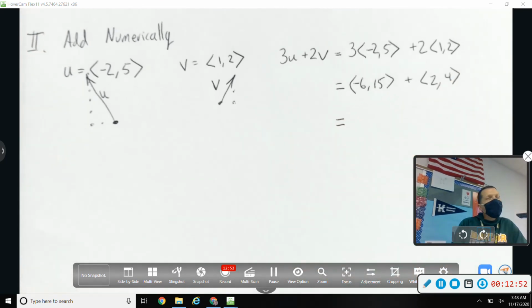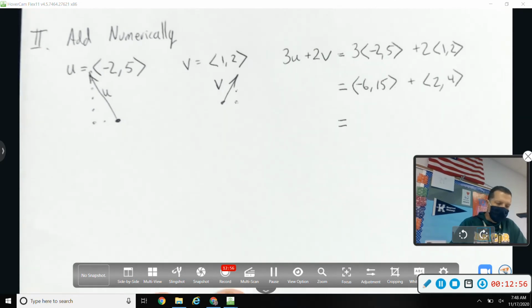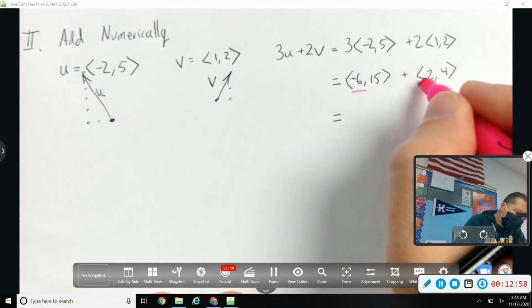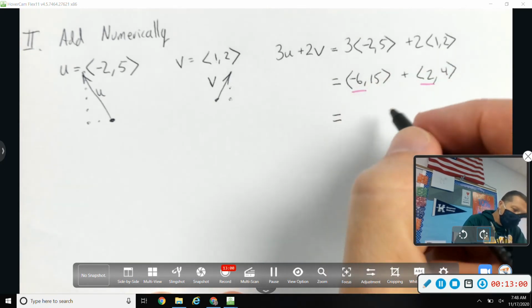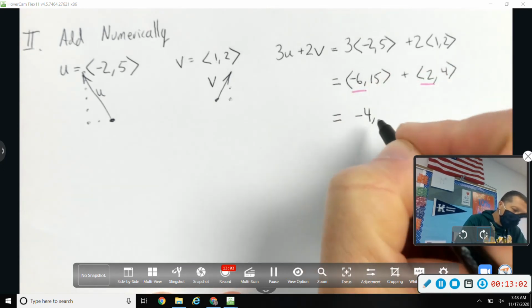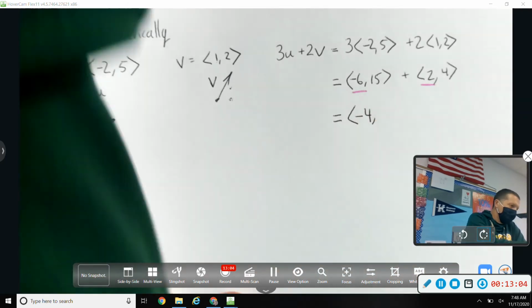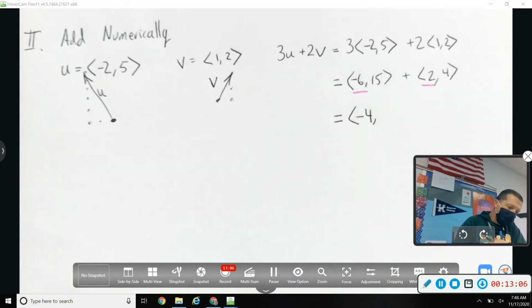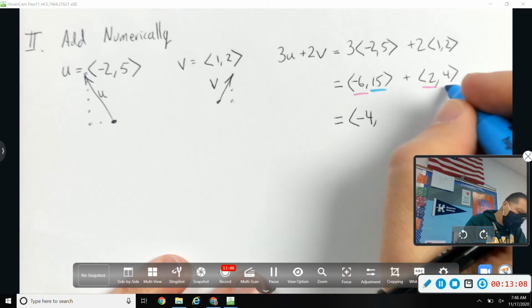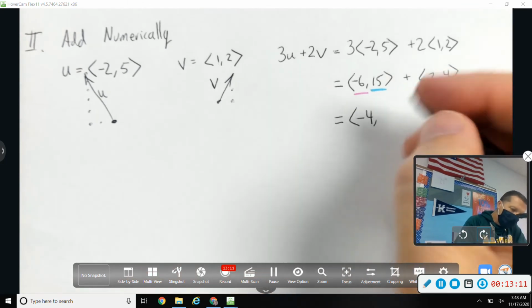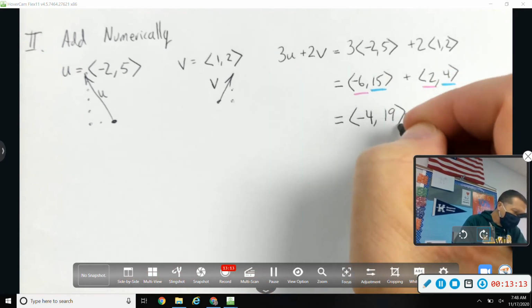And it's a little bit like adding matrices, where all you have to do is add the corresponding positions. So negative 6 plus 2 would be negative 4. And 15 plus 4 would be 19.